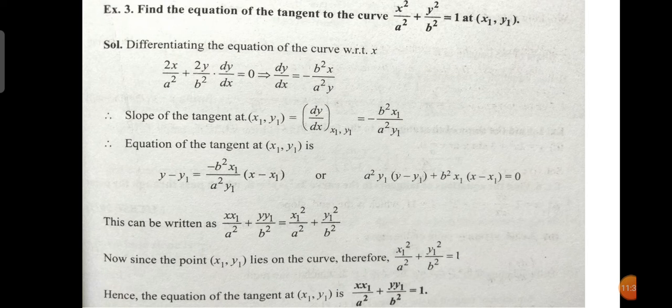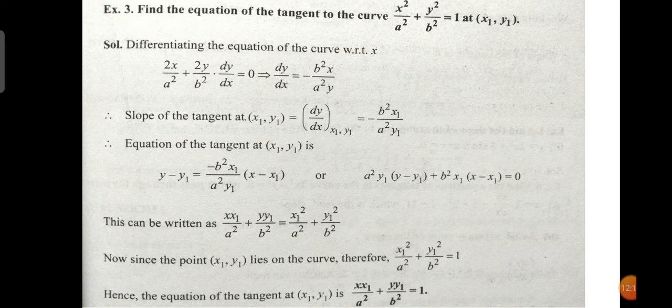Which implies, what is dy by dx from that? It is equal to minus b square x by a square y. It is not cross multiplication; you just move that 2x by a square to the right, and then it becomes minus, and then cross multiply 2y by b square.